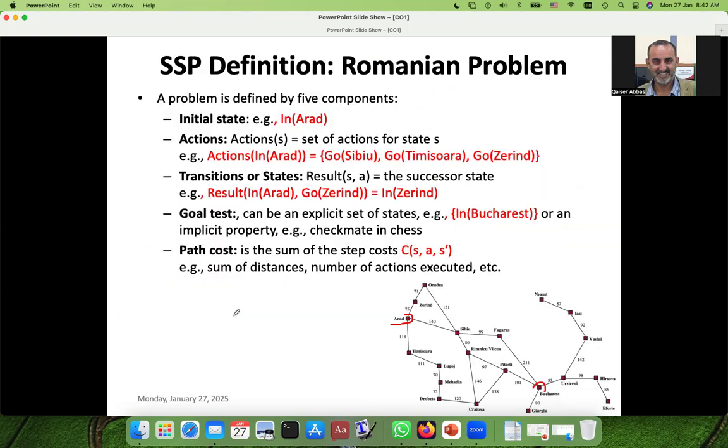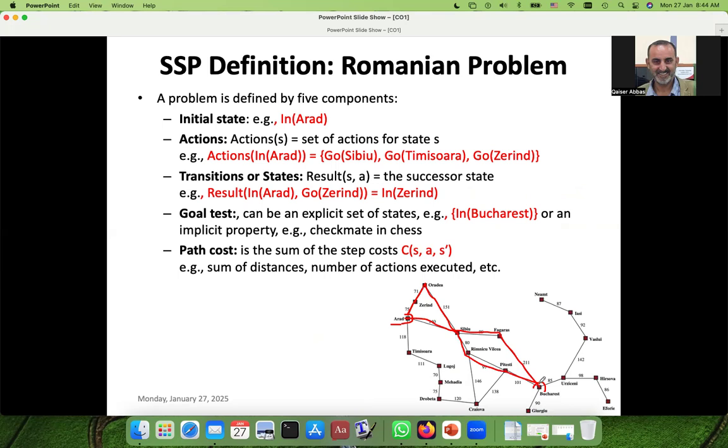Search. So you have to search for the solution. There is one solution, going from here and then here, here, here and here. This is one solution. The other solution is from here to here, then here, then here. This is another path.